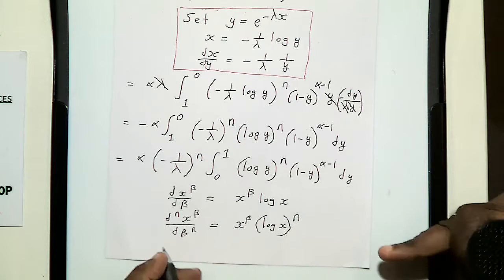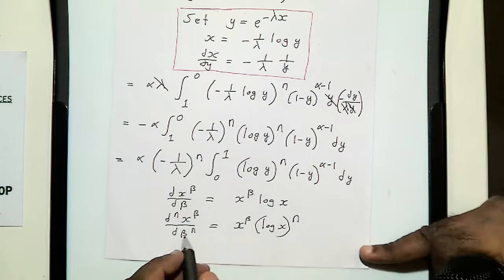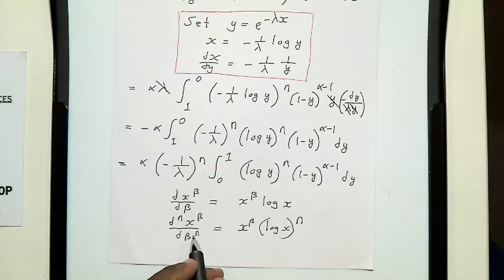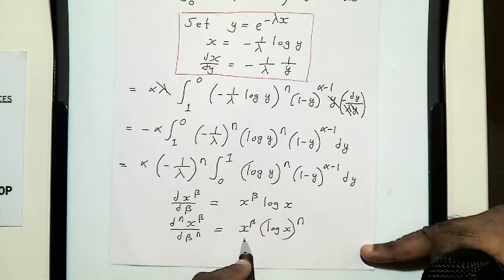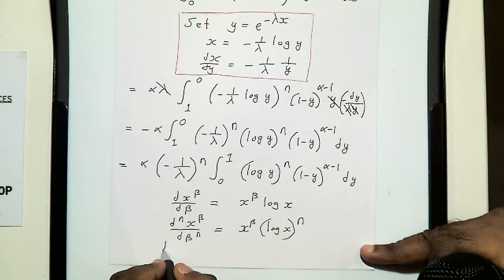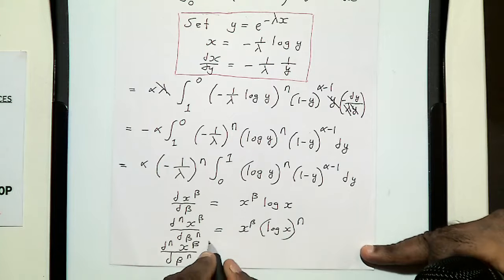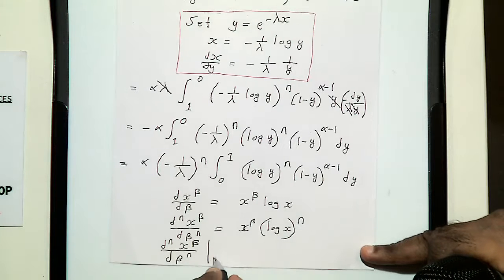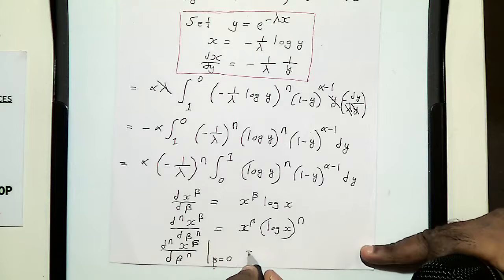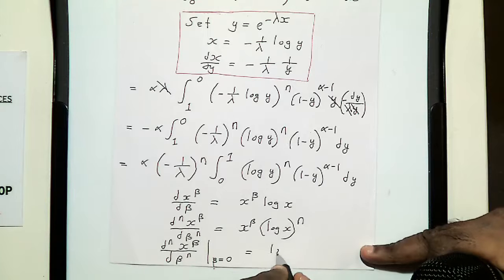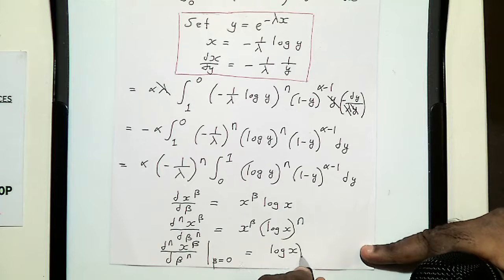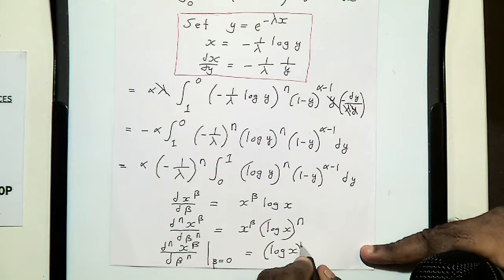Now what I'm going to do is, if you put beta equal to 0 on both sides of this equality, on the left hand side you will get this, and on the right hand side you will get log of x to the power n.